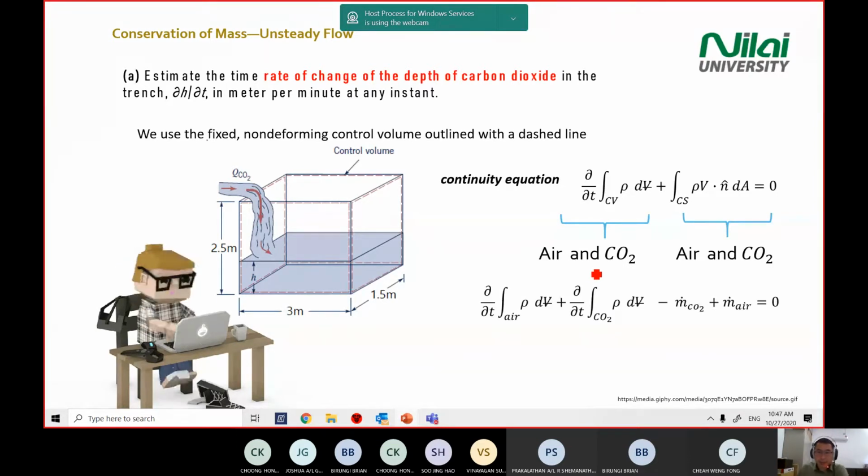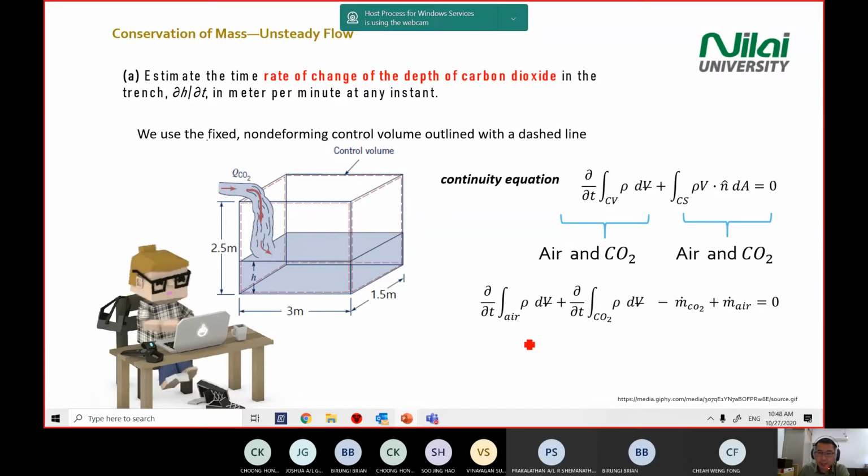Okay. Now the next step is you expand the continuity equation. On the left hand side for your control volume, you have air and CO2. So del over del t integrate for air plus del over del t integrate for CO2.